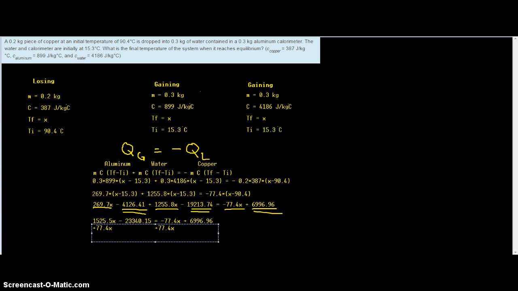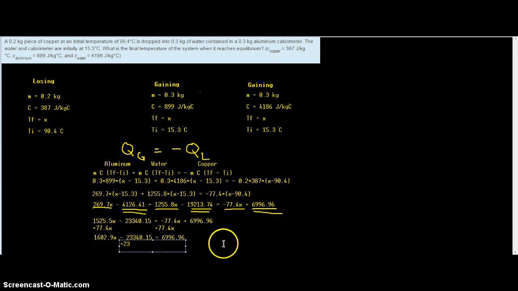When I add these two together, it reduces our left-hand side of the equation to give us 1,602.9x, and then I'll just continue to write this out for the sake of doing it, and then we're left with this value here.